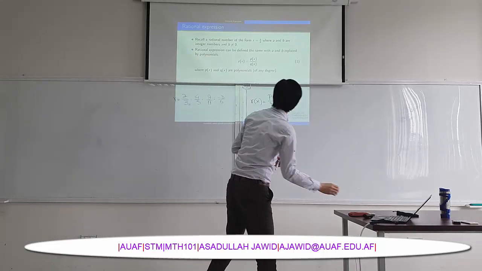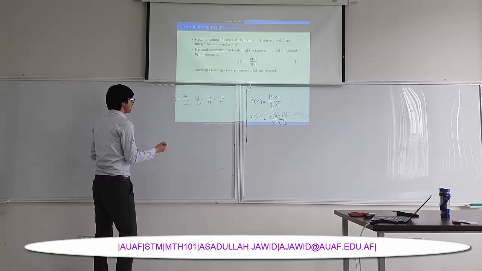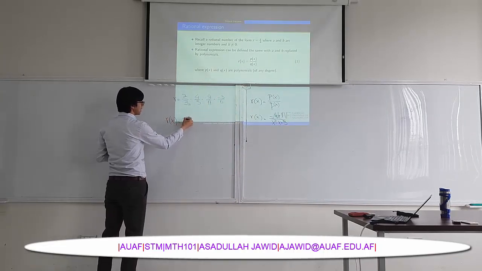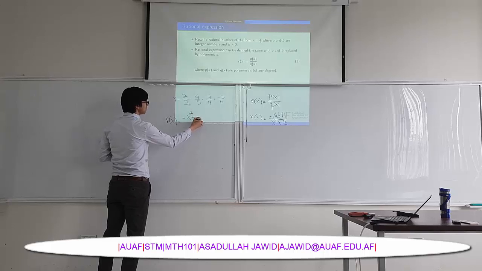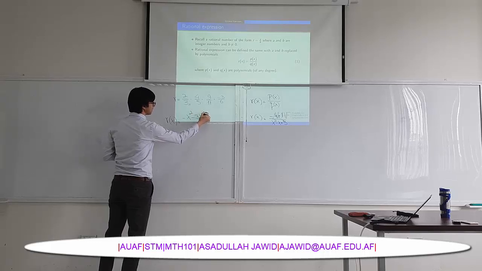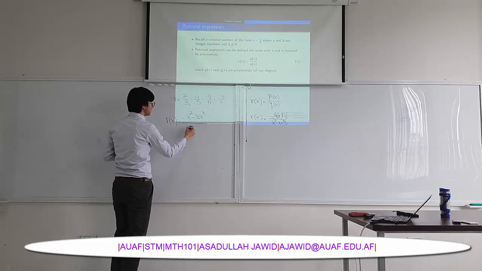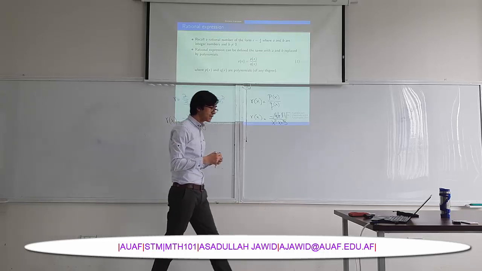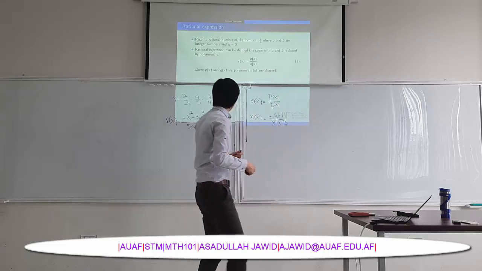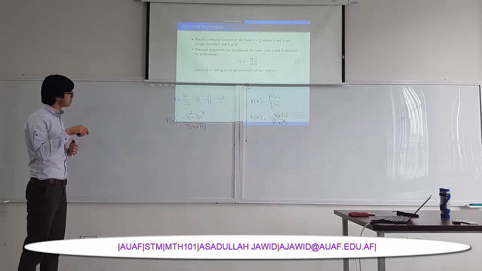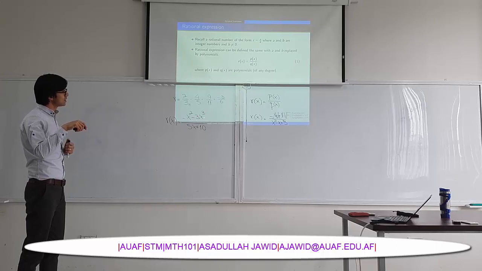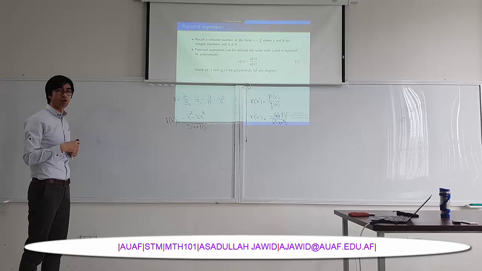For example, I could write that R of x is equal to minus x squared plus 3x to the power 3 divided by 5x plus 10. Here the numerator is P of x, and 5x plus 10 is Q of x.